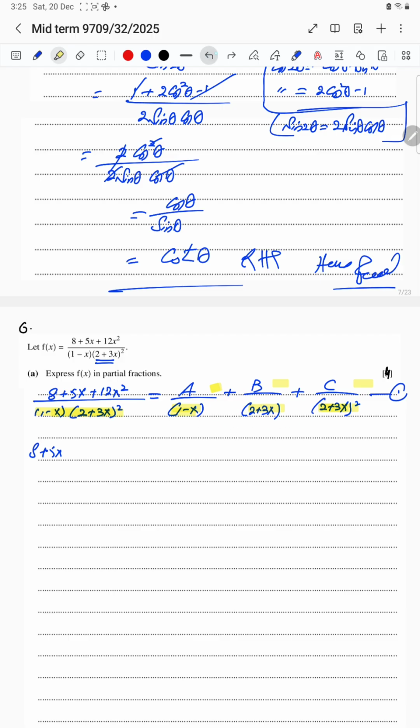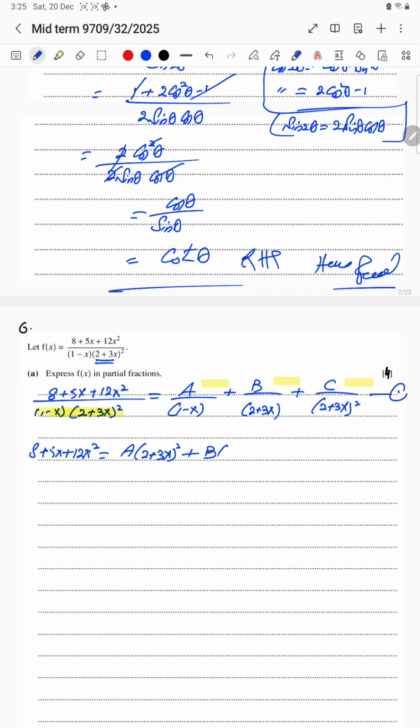I'm multiplying this term with each term here, here and here, and you will see nothing is left in the denominator, all the terms will be in the numerator, as a times 1 minus x will cancel, we get 2 plus 3x whole square.